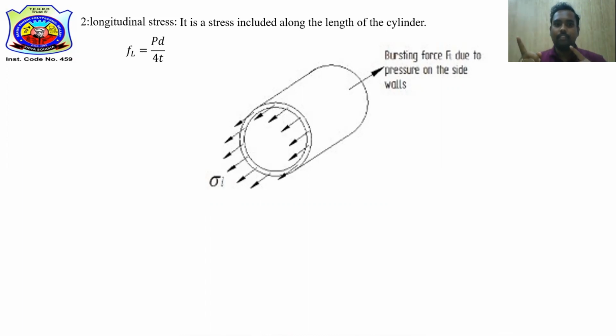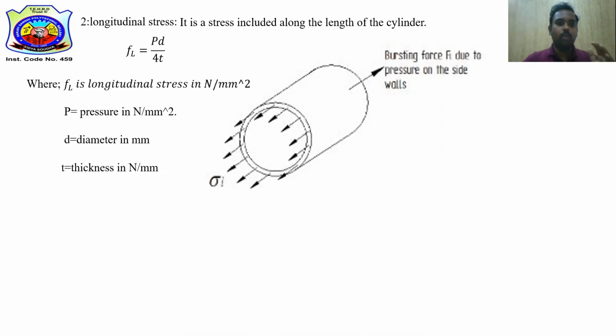So always hoop stress will be twice the longitudinal stress. fL is the longitudinal stress, P is the pressure, D is the diameter in mm, and t is the thickness in mm, sorry. The unit for thickness is mm.